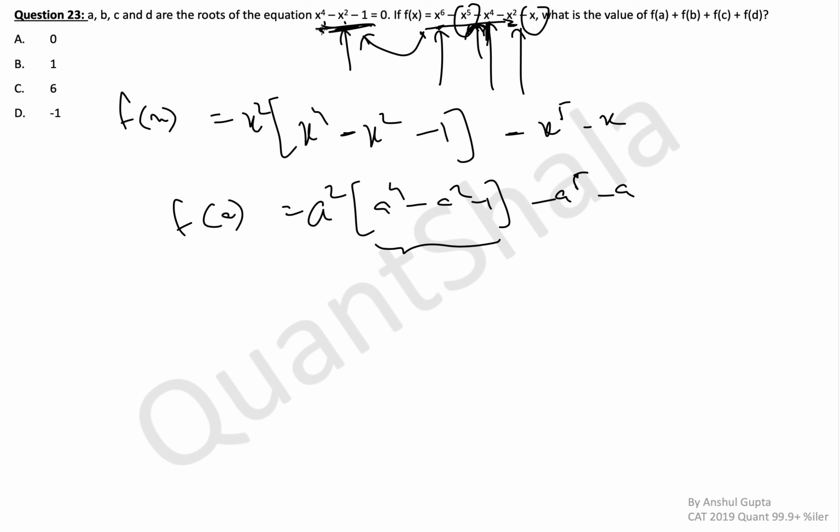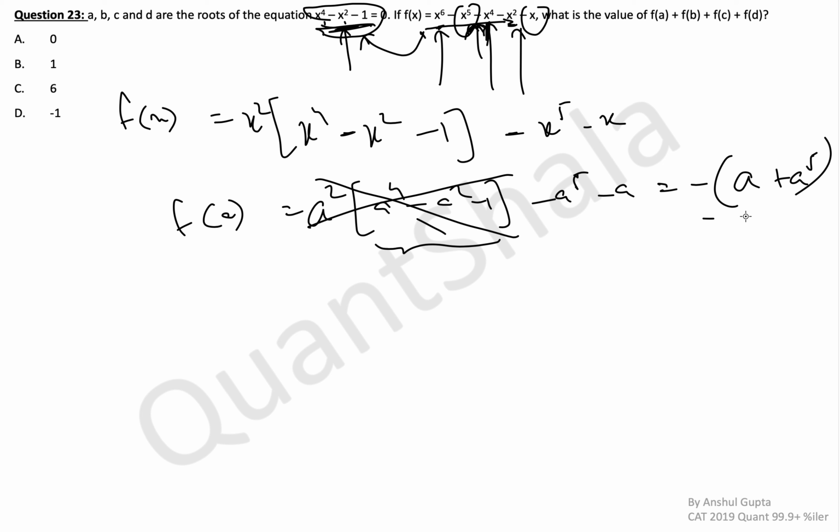What does that mean? That when you put a in this expression, you get 0, and similarly for b, c, d. So this entire thing gets cancelled out. What you are left is take minus a common, and then you get 1 plus, let's leave it this way in fact. Okay. So what do you get? Just take minus outside and you get a plus a^5.